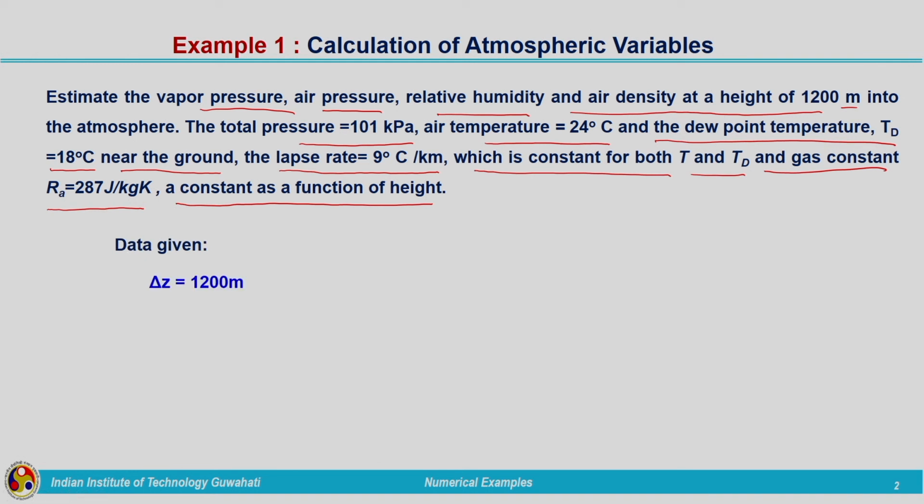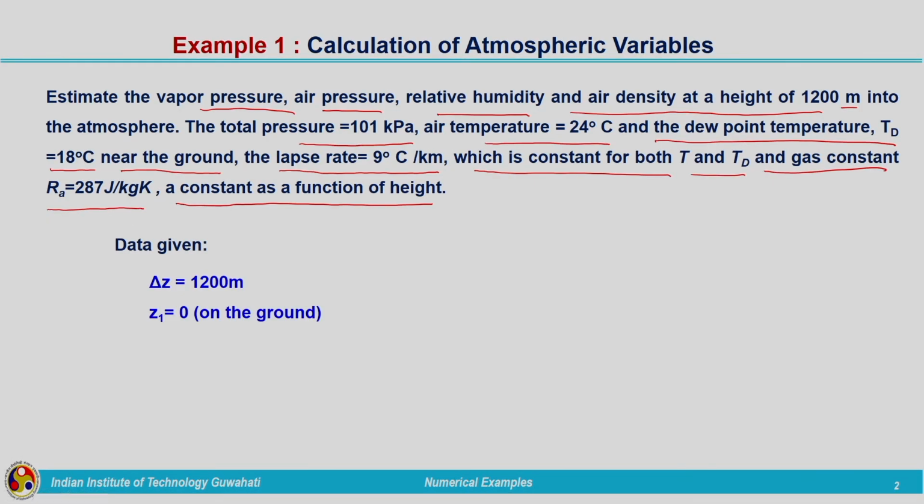Delta Z, that is, we are having the variables at the ground surface. Now, we need to calculate the corresponding values at an elevation of 1200 meters from the ground surface. So, delta Z will be 1200 meters and Z1 is 0 on the ground surface. P1, the pressure at the ground surface, is 101 kilopascal, the temperature at the ground surface is 24 degrees Celsius and the corresponding dew point temperature is 18 degrees Celsius.